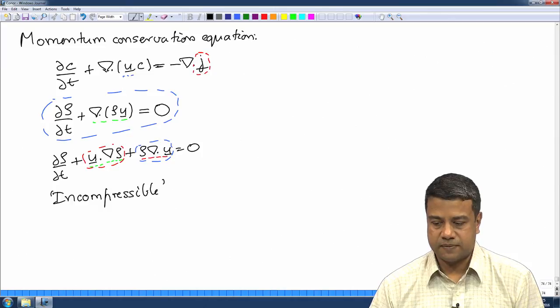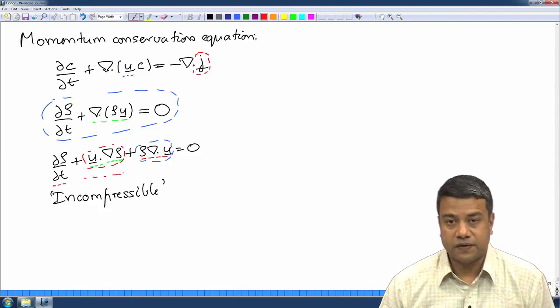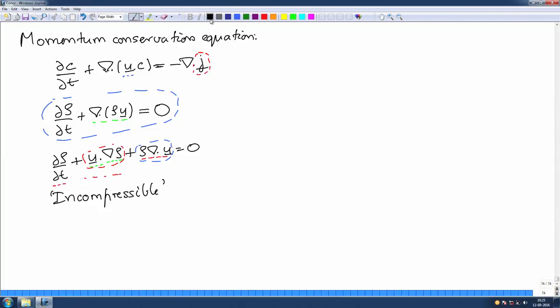And what that means is that there are no variations in density either with time or with position. In that case, you can neglect these first two terms in the equation, because there is no variation in the density, and the mass conservation equation basically reduces to the density times the divergence of velocity is equal to 0.